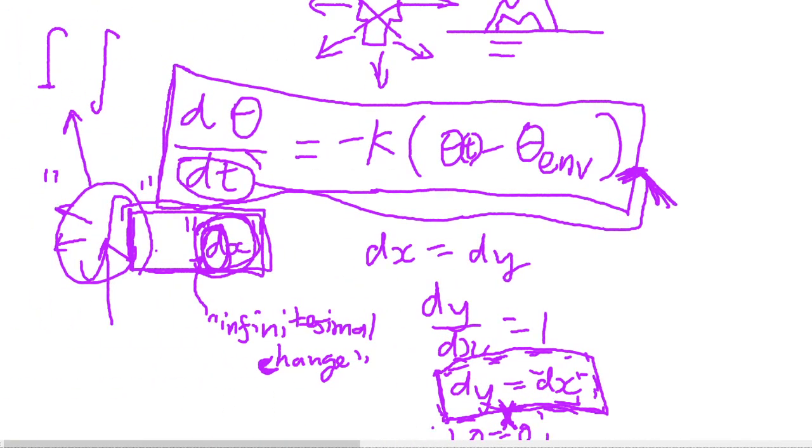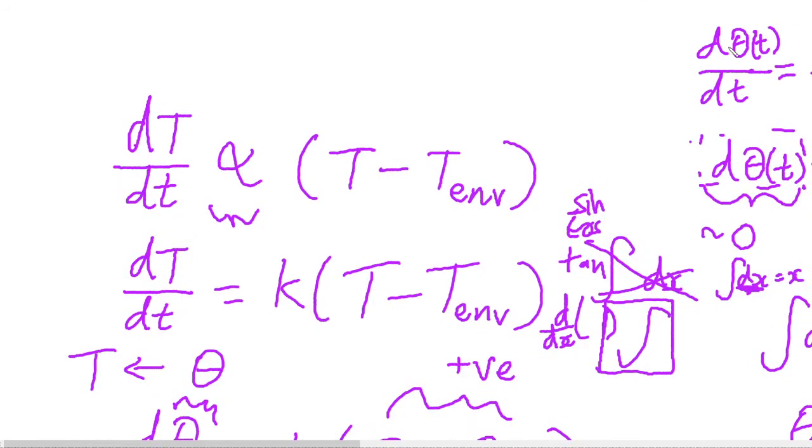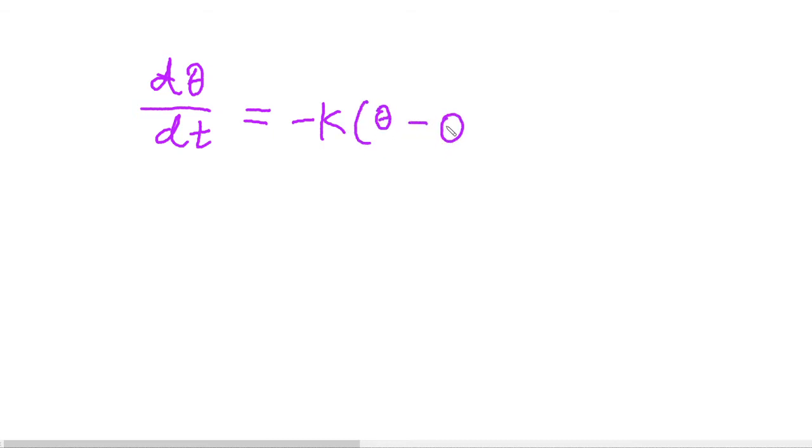Well, I'm going to clear the board for us so that we can get back into a clearer frame of thinking. We have d theta by dt is equal to minus k times theta minus theta environment.